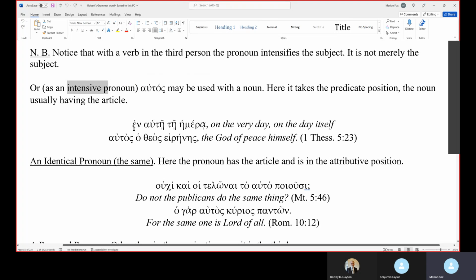Autos ho theos tes eirenes, and this is the God himself of peace. The God of peace himself, or you could say himself, the God of peace. But that wouldn't be good English. That's how it reads in Greek, though. The God himself of peace. That would be okay.